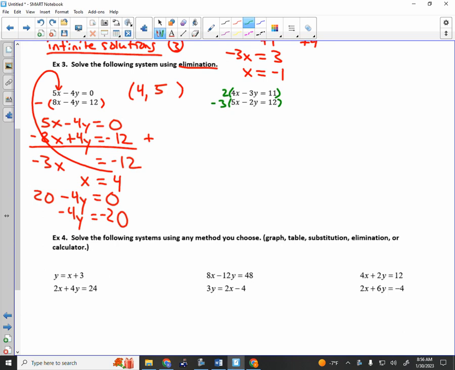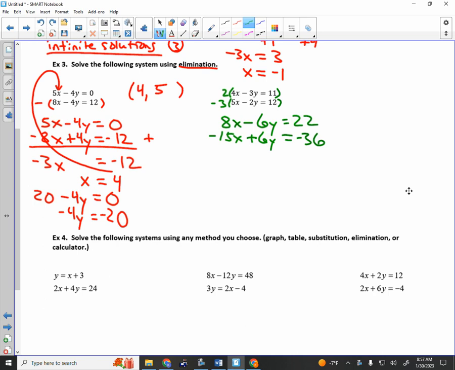And then I'll be in business. The top one I've got 8x minus 6y is 22. And on the bottom I've got negative 15x plus 6y is, let's see, negative 3 times 12, negative 36.